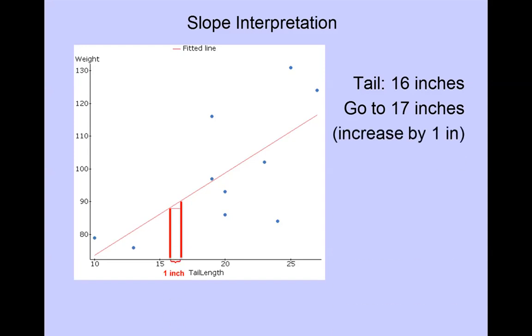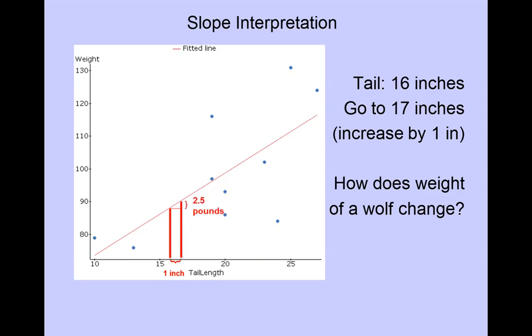So that distance between those vertical lines is 1 inch. How does that change the weight of a wolf? What is the change in the y value? Well, that's this distance, and that leads to an increase of 2.5 pounds. So as I go to the right 1 inch, I go up 2.5 pounds.